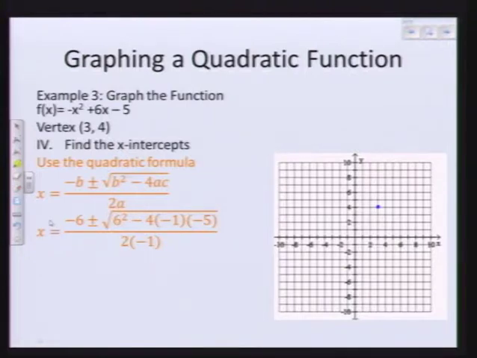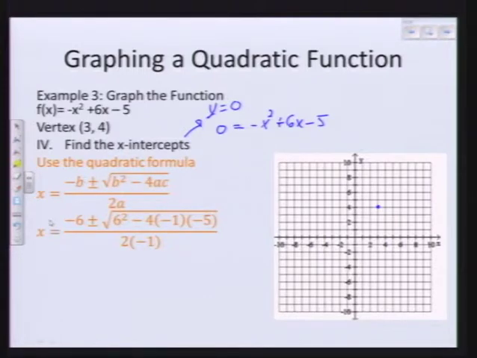And that is that in finding the x-intercepts, we're letting y be equal to 0. So our function becomes 0 equals minus x squared plus 6x minus 5.